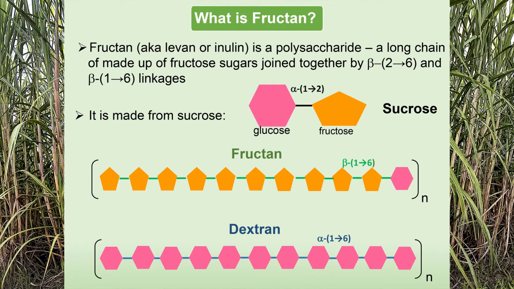And you're probably thinking, well, that doesn't make much difference. Well, it makes a huge amount of difference: what sugars are in the polysaccharide and how they are linked. Basically, you cannot use the same enzyme to break down fructan that you use to break down dextran, because we have these different linkages and sugars.